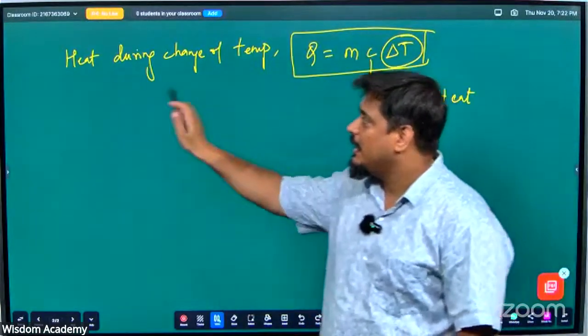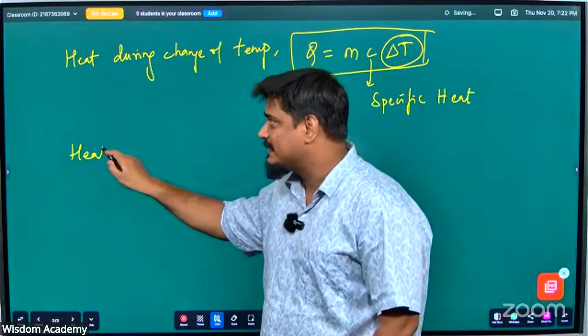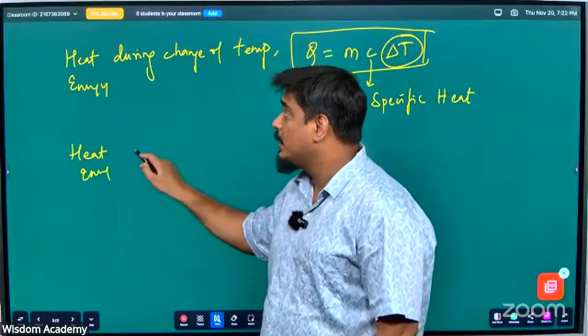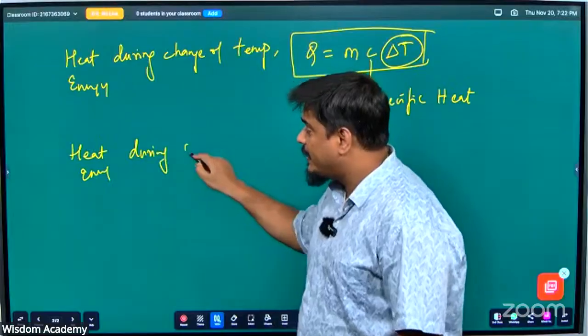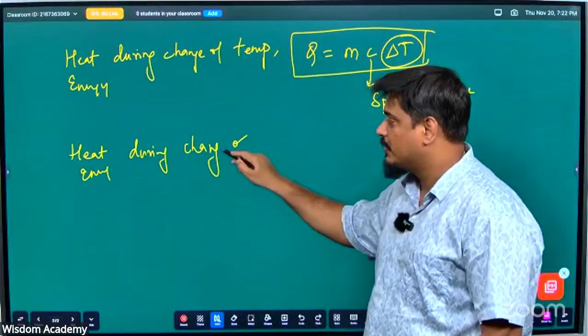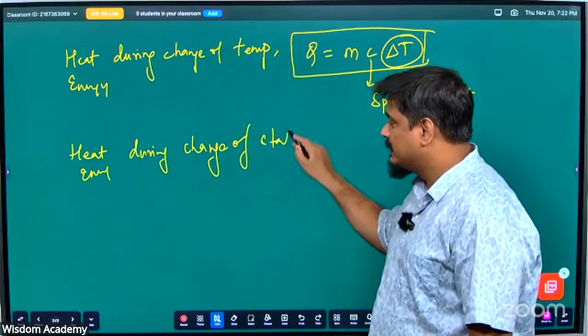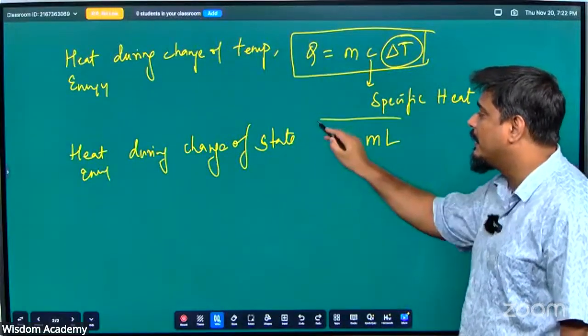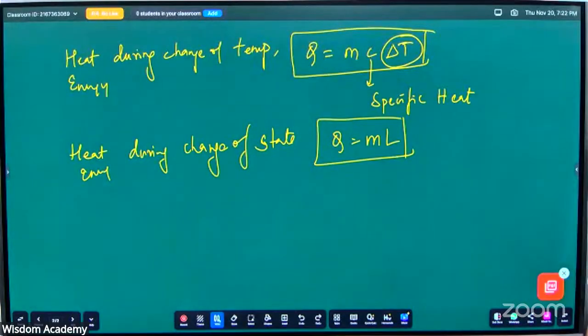In the same way, if you want to find heat, I'm talking about heat energy, obviously, during change of state, then what formula are you going to use? Q is equal to mL. It can be mLf or mLv.